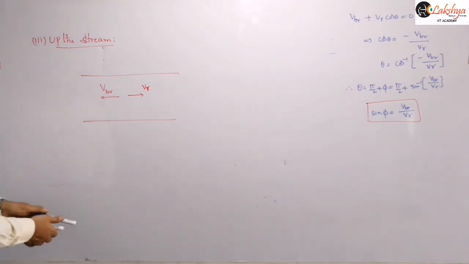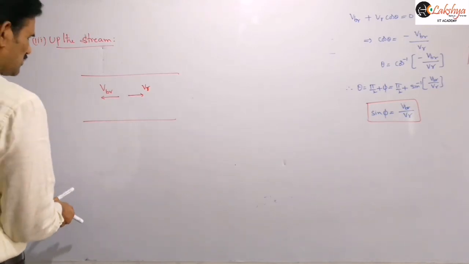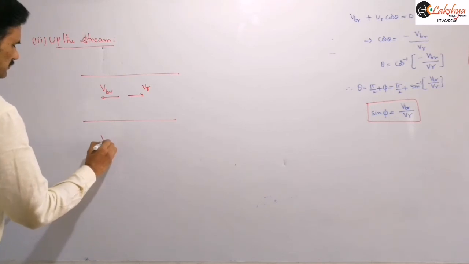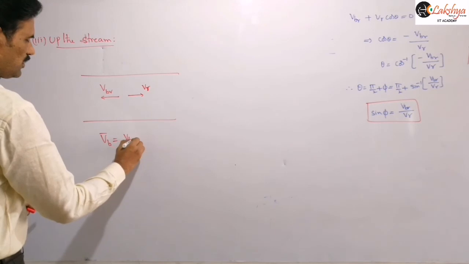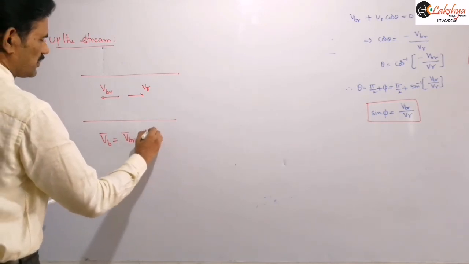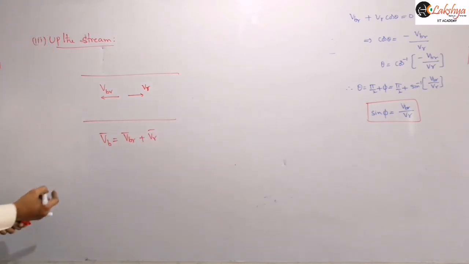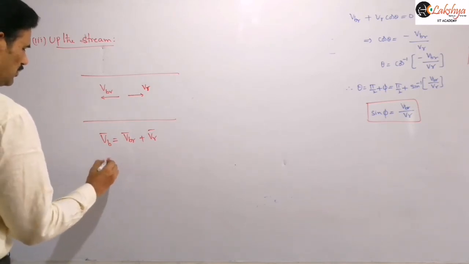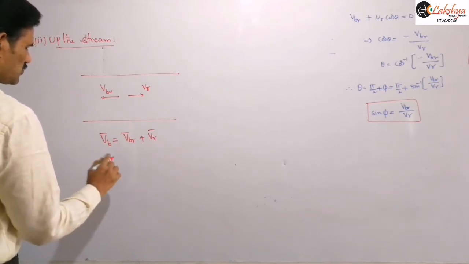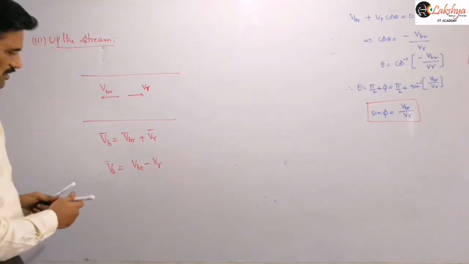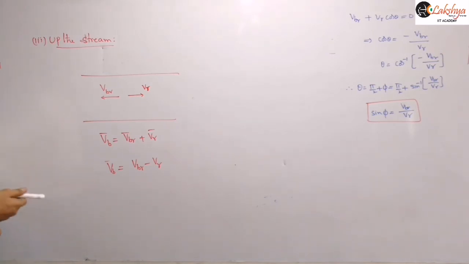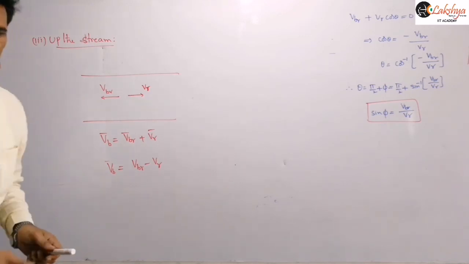In this case, we can write the relative velocity equation as VB bar is equal to VBR plus VR, our general equation. Now in this case, the magnitude of VB is VBR minus VR, because they are traveling in opposite directions.